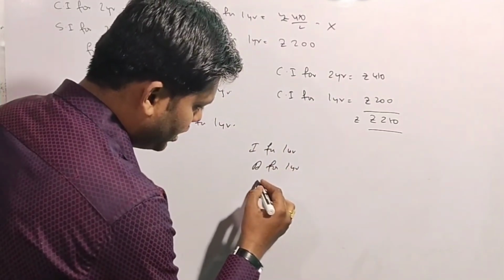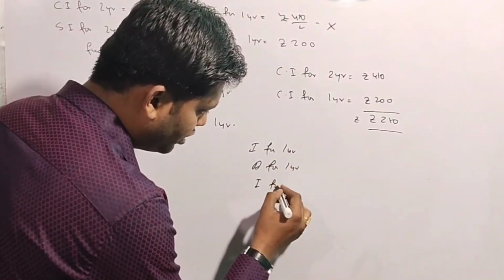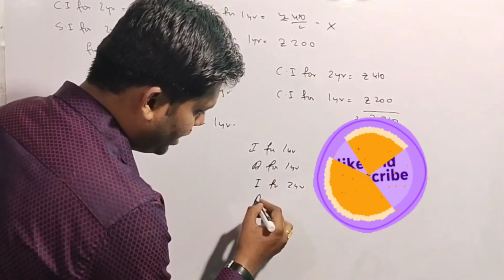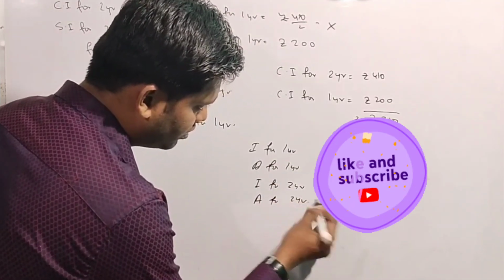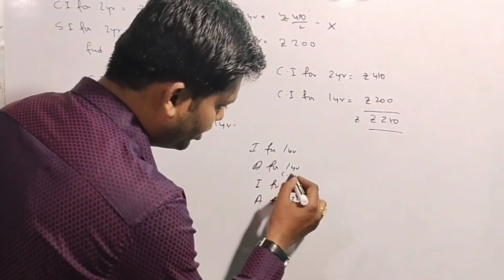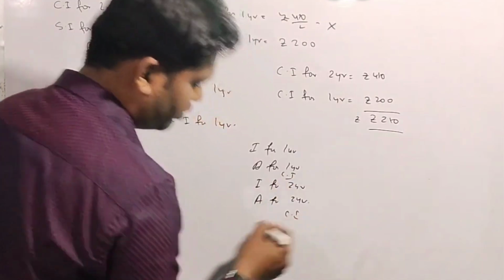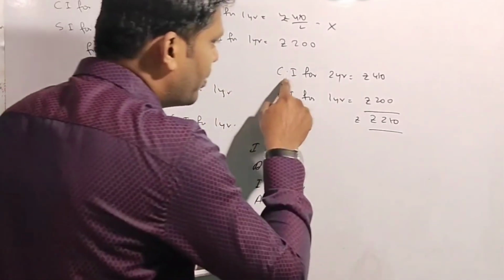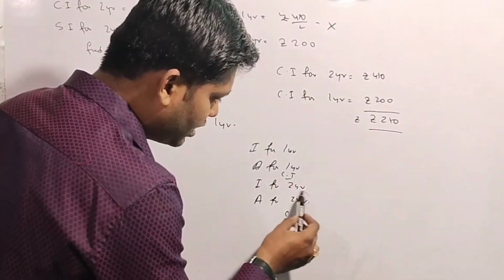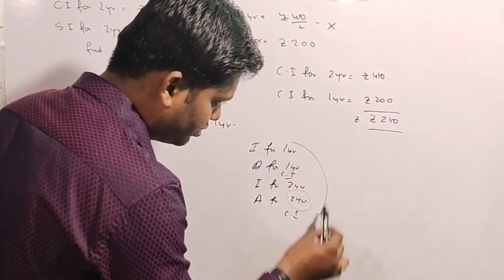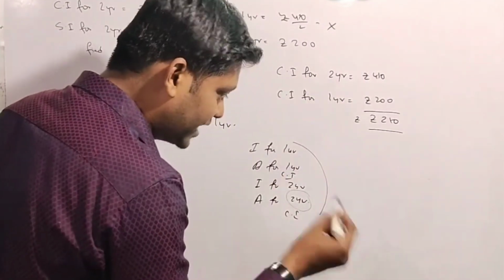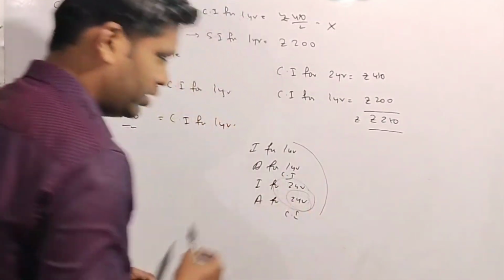Then again the interest for the second year, again the amount for 2 years. Like this you record it if they ask you for compound interest. Now it is for compound interest for 2 years. 2 years means from the starting to the last. For the second year means only for that particular year.